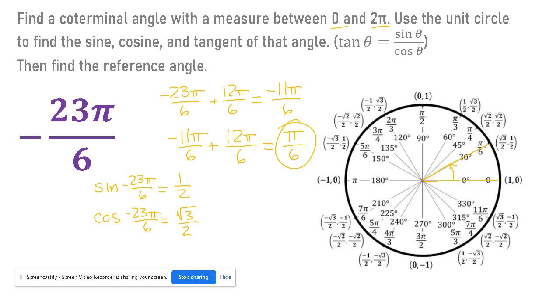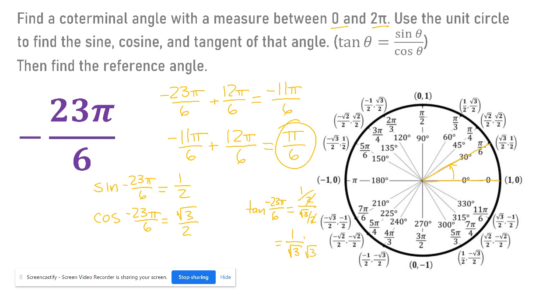So if we work this out over here on the side, tangent of negative 23 pi over 6 is sine over cosine. So 1/2 over square root of 3 over 2. The 2's cancel out again. We get 1 over square root of 3. And we could leave it like that, but we really don't want to. We want to rationalize the denominator.